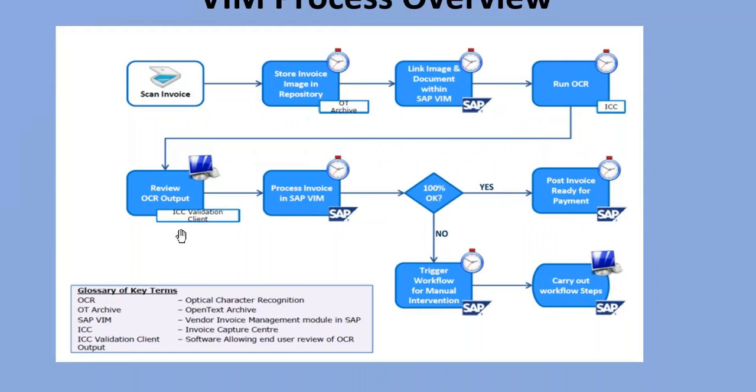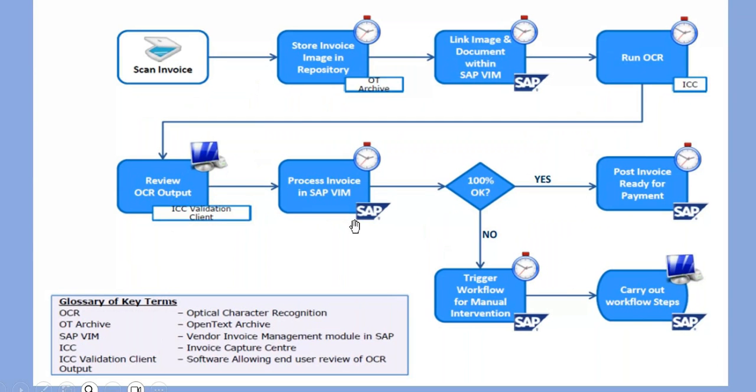And one more thing, we will be trying to understand the OCR part, where all the configuration will be done in Vim, and we will see the OCR configuration part. But we do not have the OCR server where we can go into the tool and validate it.